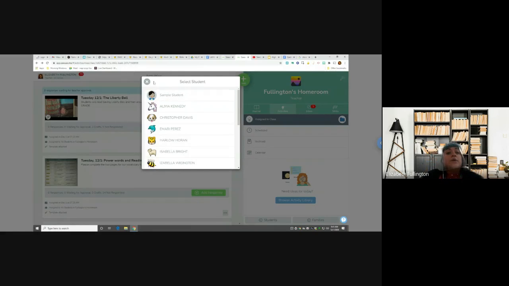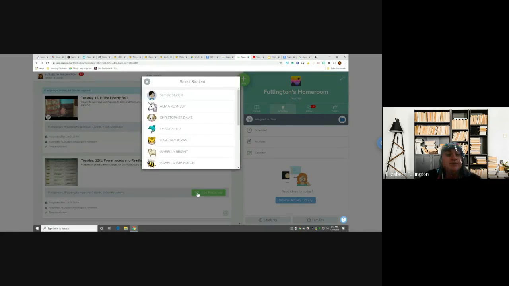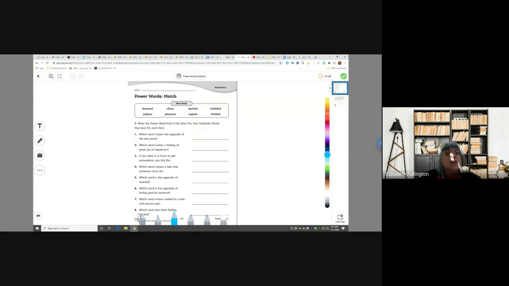All right, so you are going to Tuesday, December 1st, power words and reading comprehension. So here are your power words. Miss Fullington has them right here, and she can post them on the word wall. So it says here, you're going to read each sentence. Which word means the opposite of the very worst? Which one was the very best?